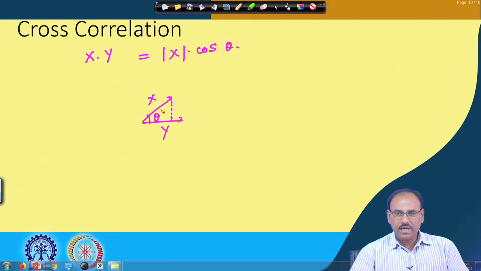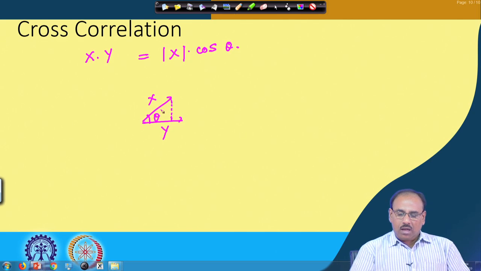And when theta is equal to 90 degrees, the projection is 0, when the vectors are orthogonal to each other. And this dot product or the projection simply tells you the degree of similarity, and that will be maximum when theta is equal to 0. That means x is in the direction of y, or x is a multiple of vector y.